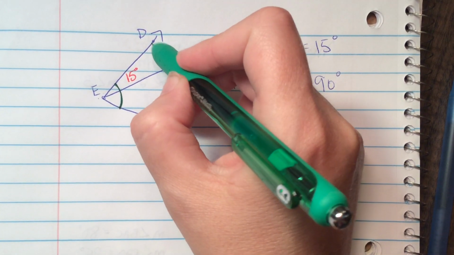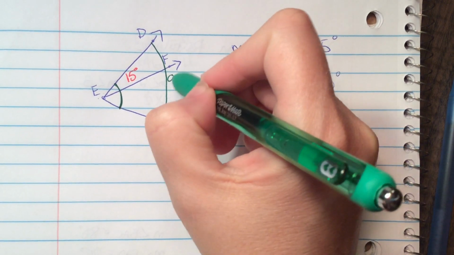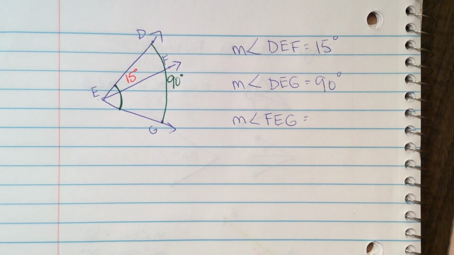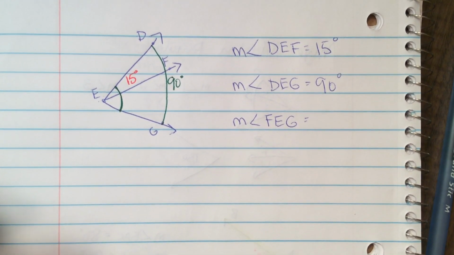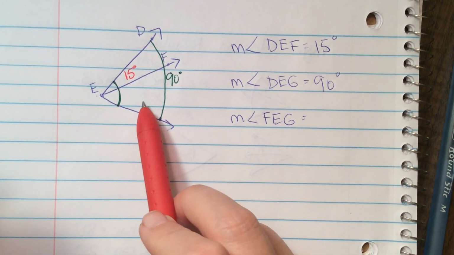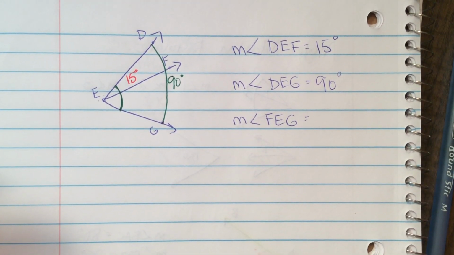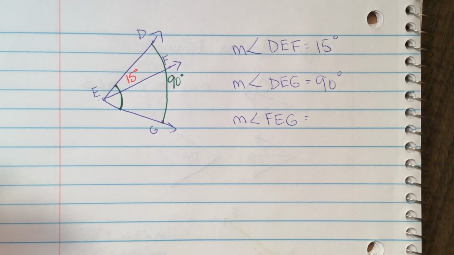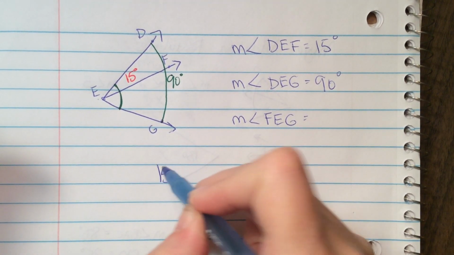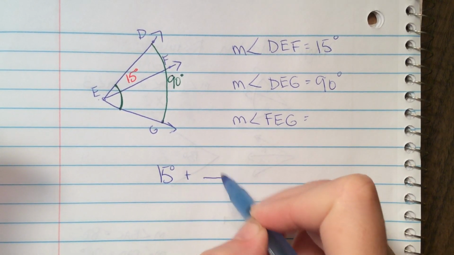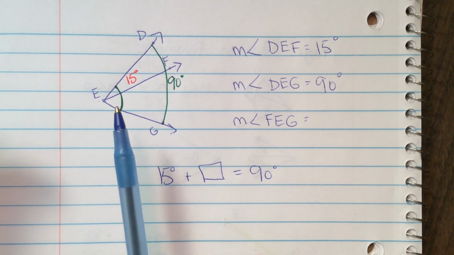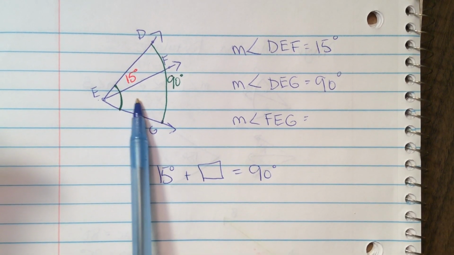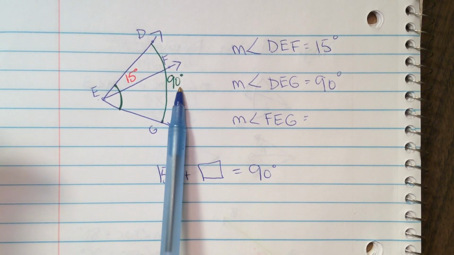So I'm going to kind of draw it out here a little bit. So together the two of them are 90 degrees. So what must this one be? So now we're going to have to subtract. So 15 plus some other number is going to give me 90, because 15 plus the other piece adds up to 90.